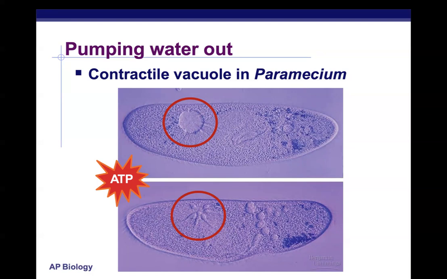And so basically, their only way to survive is to have this vacuole that continually pumps water out into their environment. Just like if you want to keep your house cool in the hot summer, you have an air conditioner, right, that constantly pumps in cool air and pumps out hot air.